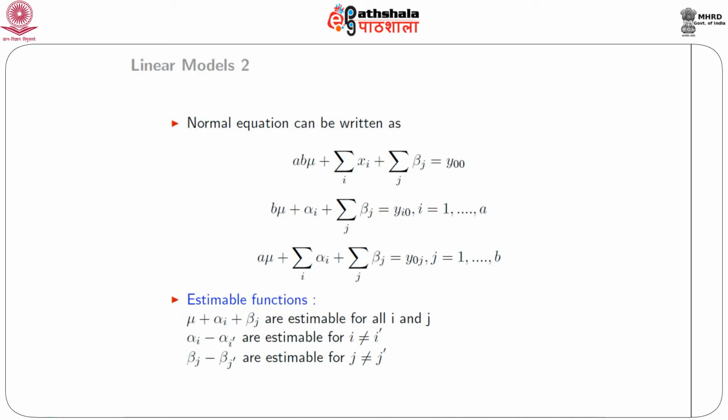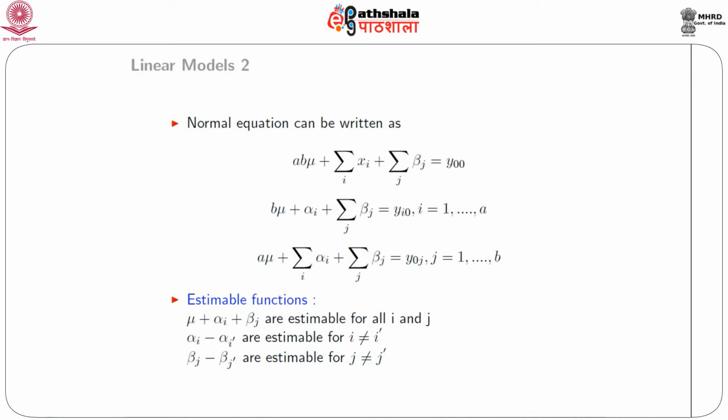Now, the estimable functions are obviously mu plus alpha I plus beta j for all I and j. Alpha I minus alpha I prime are also estimable if I is not equal to I prime, and if you think carefully you will understand that it is estimable even when I is equal to I prime, but that will be a trivial case.